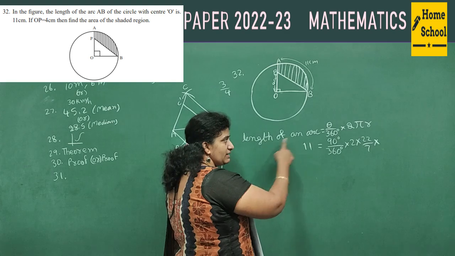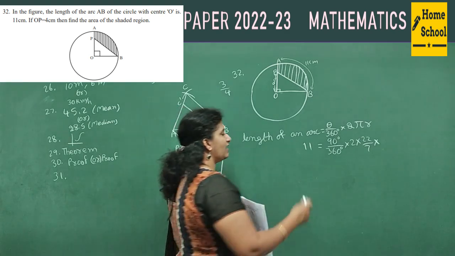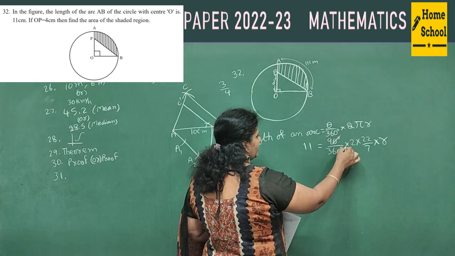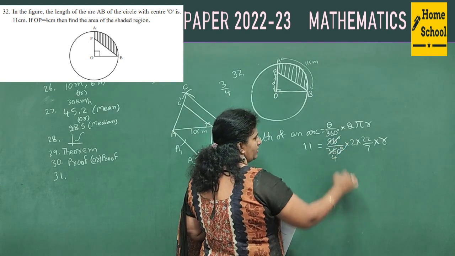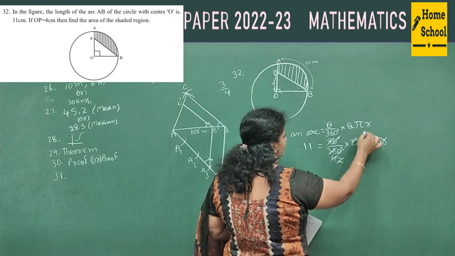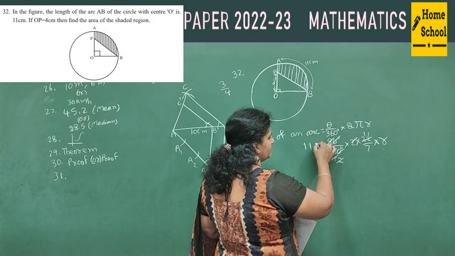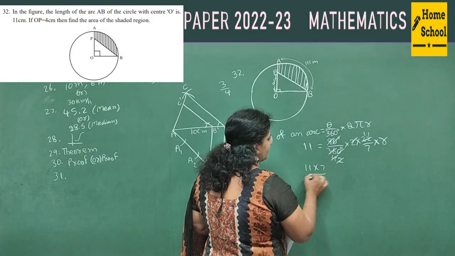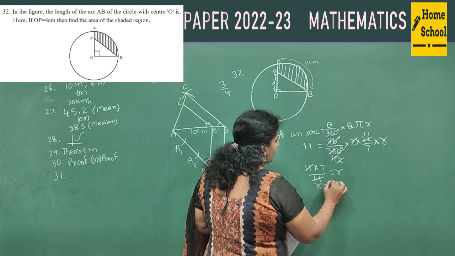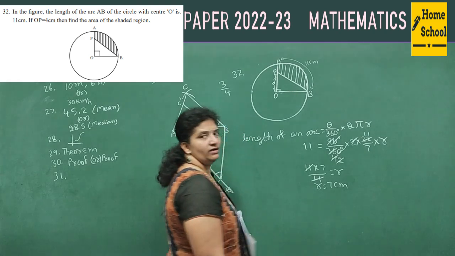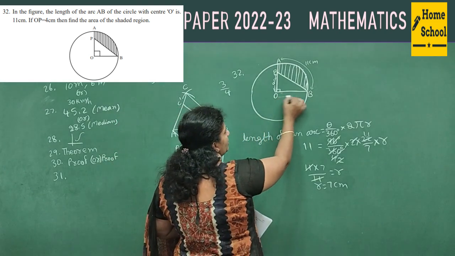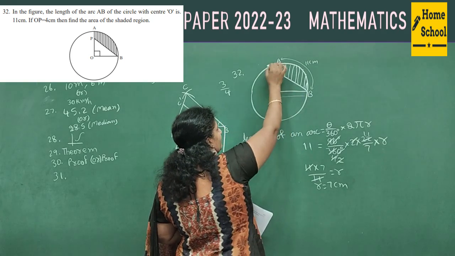By using this length of an arc, I will find R. So let's start finding. 9 4s are 36, 2 2s are 4, 2 11s are 22, and this 7 sends here. 11 into 7 by 11 is equal to R. 11 cancel. What is the radius you got, children? Radius is 7 centimeter. Radius means from here to here and here to here.